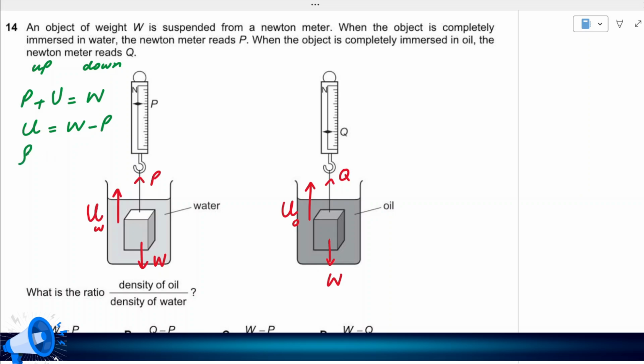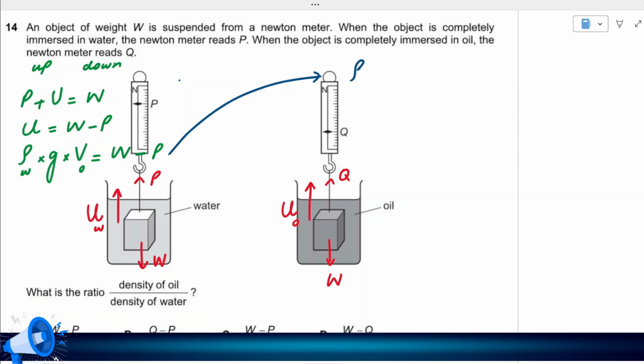So upthrust, density of water times g times the volume of the object, equals W minus P. Likewise, you can even start from scratch for the second object, or you can directly write the expression for the second object considering this equation.